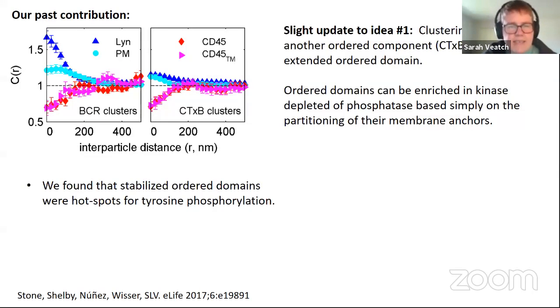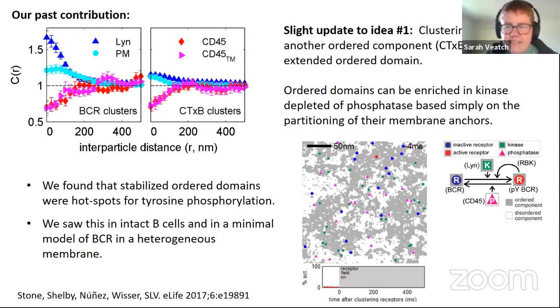Because these phosphatases get sorted in a way that favors the kinase, this creates little hotspots for tyrosine phosphorylation. And we could see this in our experiments in these B cells, but we could also recapitulate this in a minimal model of this signaling pathway with kinases and phosphatases and receptors.